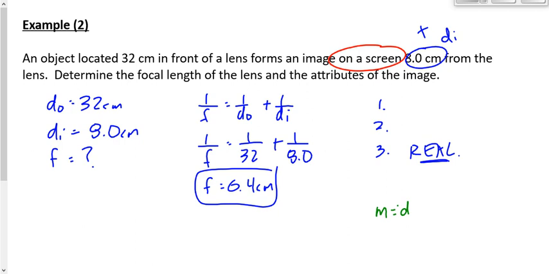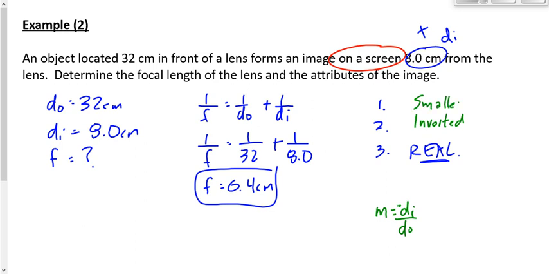I could calculate magnification. I don't need to actually calculate it, though. Okay, if I divide negative something by positive something, I'm going to get negative something, which means it's inverted, right? And if I divide 8 by 32, whatever that works out to be, I know it's smaller than 1, so the image is smaller.